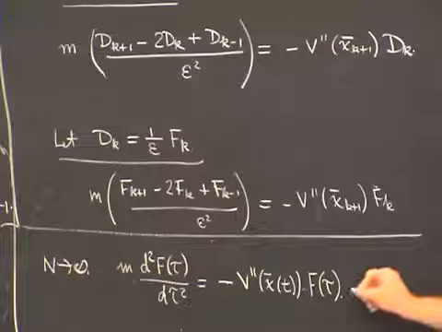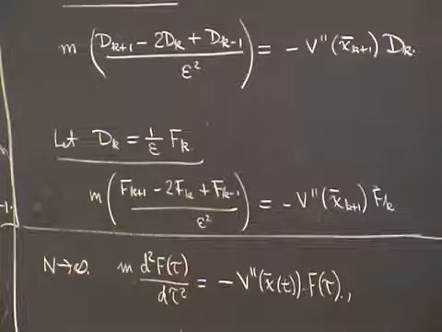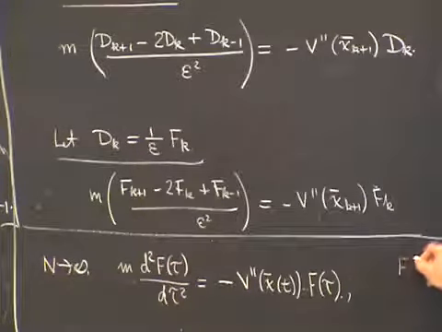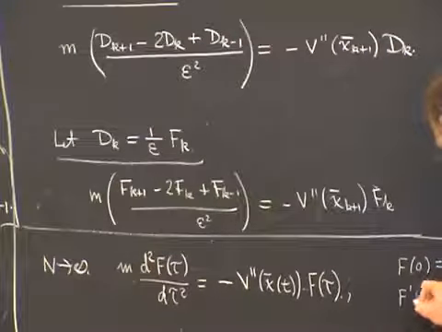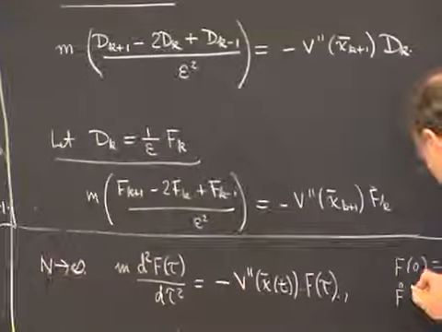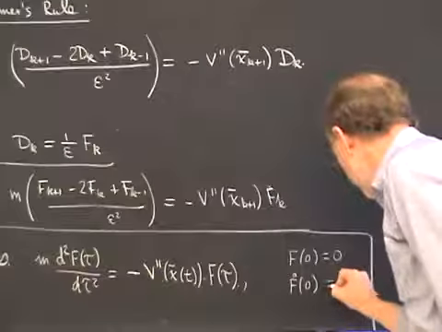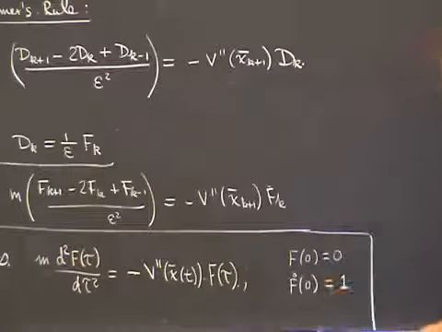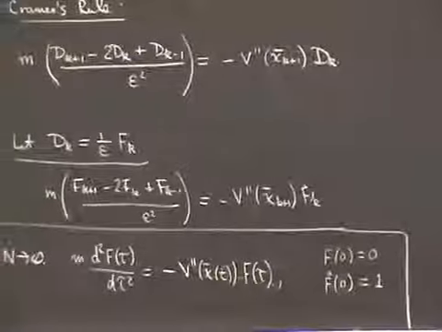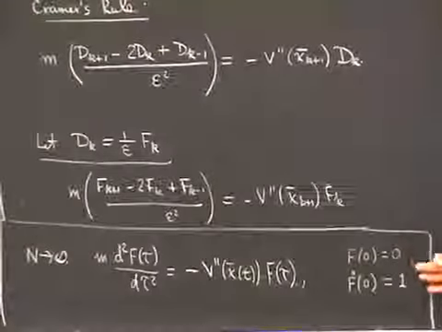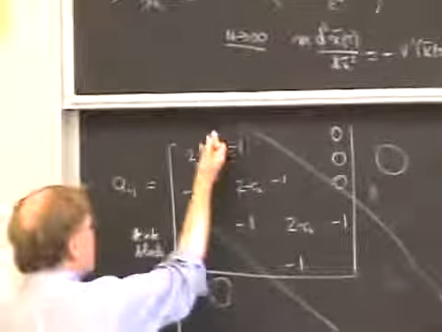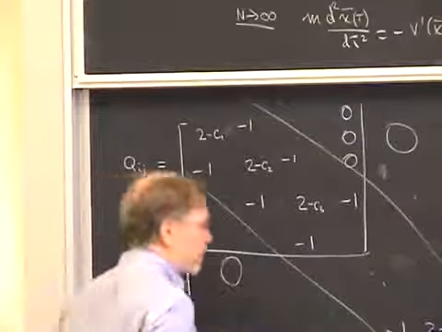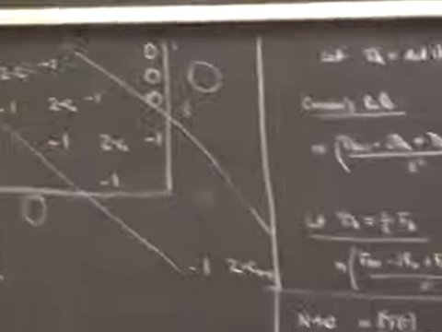But before I do that, let me add that one can also work out what the boundary conditions on f are. You have that f at 0 is equal to 0, and f prime at 0, let's call it f dot because it's a time derivative, at 0 is equal to 1. Those are the conditions that come out. You get these conditions by just looking at the first couple of blocks: the first block when epsilon goes to 0, and the determinant of the first two when epsilon goes to 0.